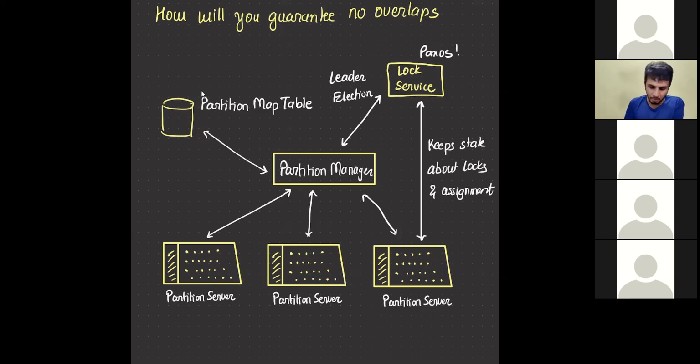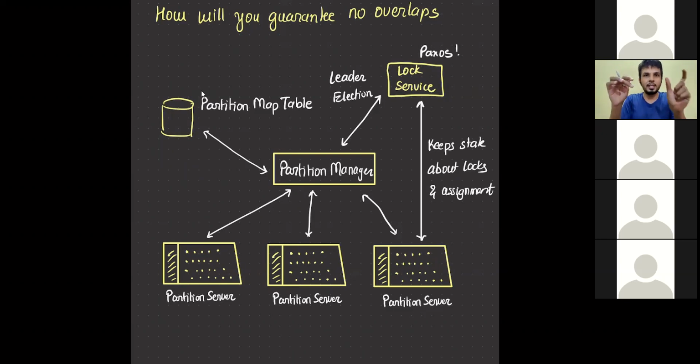But the approach that the Azure people went with is that partition servers were smart enough to identify that a partition is empty, so whoever wants to own it can own it. So that's what the partition manager would say: okay, let's say one of the partition servers went down that was responsible for a couple of partitions.